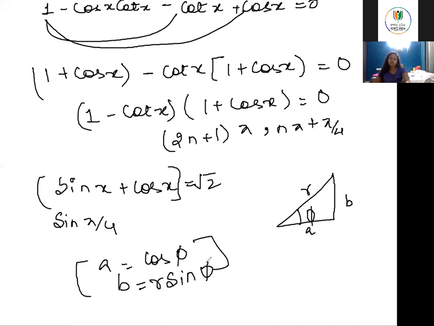And what else we are going to assume that tan phi is equal to B by A from the figure. Okay. So from the figure, we are going to assume these things and we are going to solve the question like this. So this question, I think hopefully you can do by sin x plus cos x is equal to root 2. This you can do.